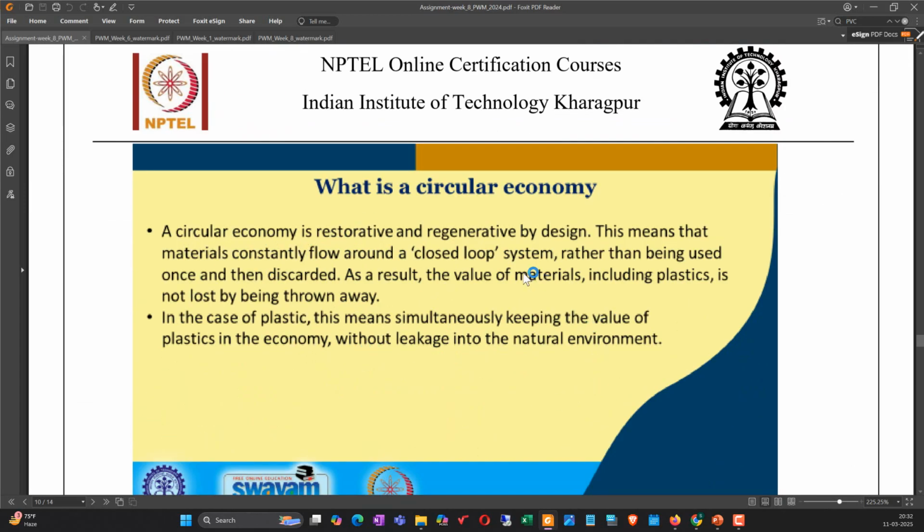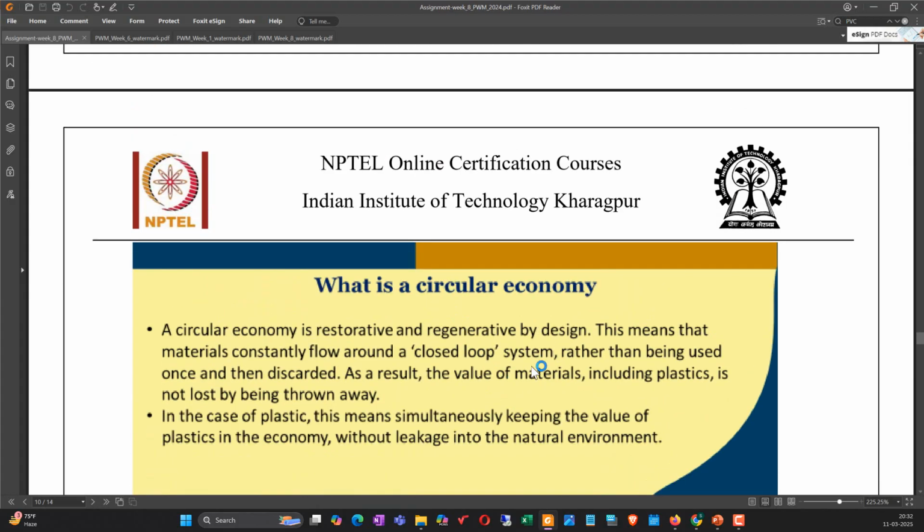So the circular economy is restorative, regenerative by design. This means that the material constantly flow around a closed loop system rather than being used once and then discarded. As a result, the value of the material, including the plastic, is not lost by being thrown away, right? So in the case of plastic, this means simultaneously keeping the value of the plastic in the economy without leaking into the natural environment.